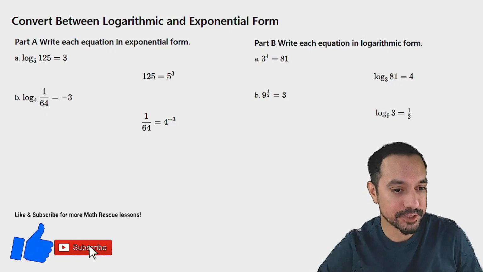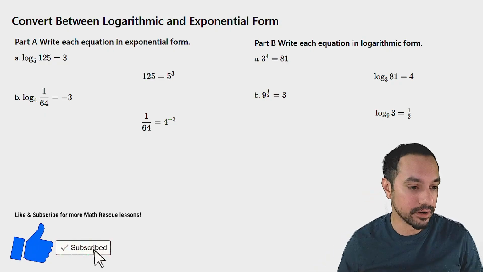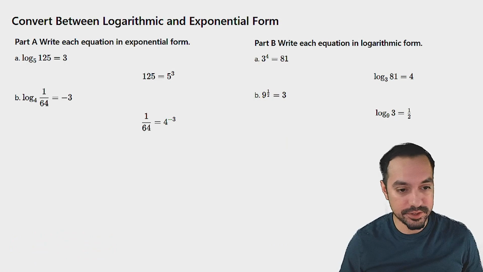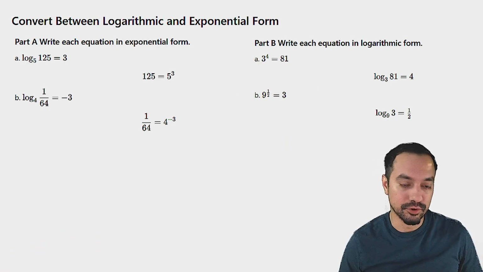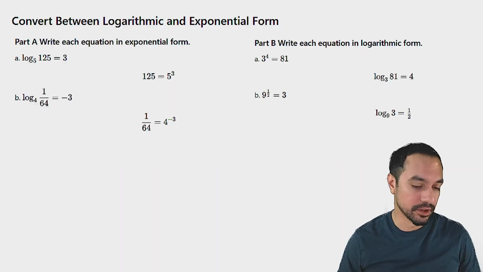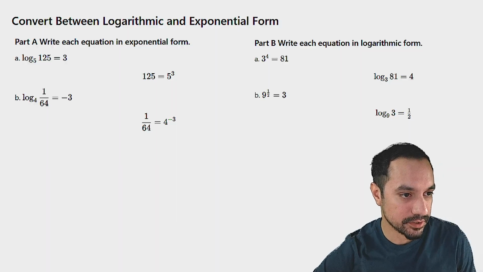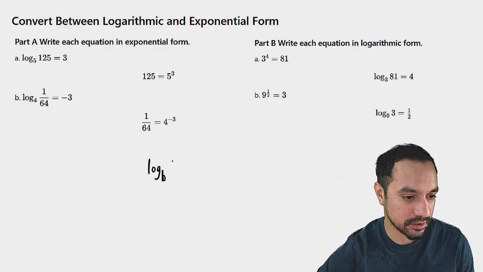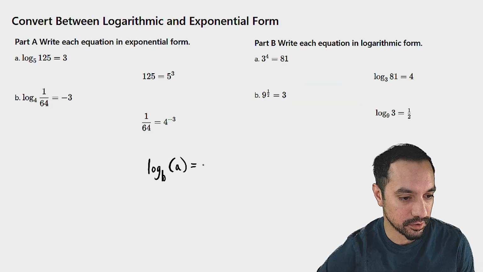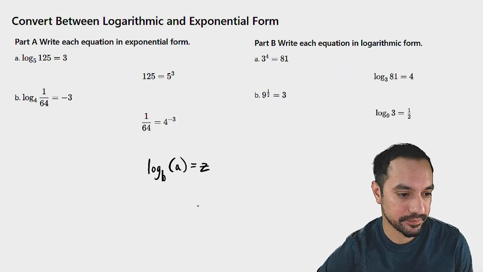Alright, so exponentials and logarithms are very interesting, because they are inverses of one another, you're able to move from one format to another format. For example, if we see a logarithm, it might look like log of some base to some argument equals some letter.